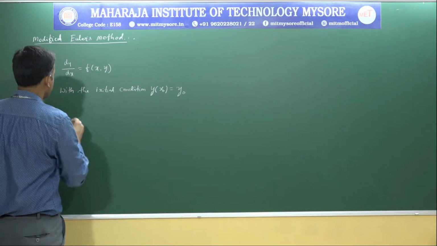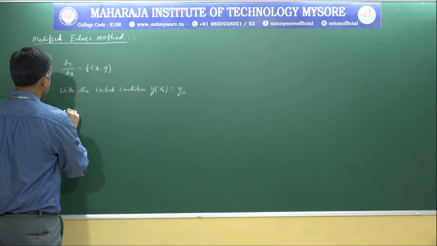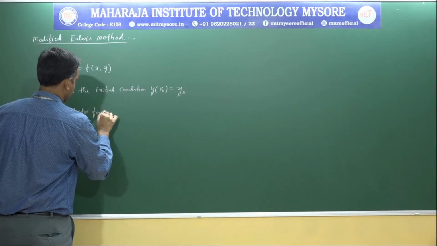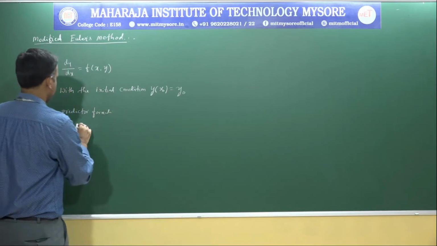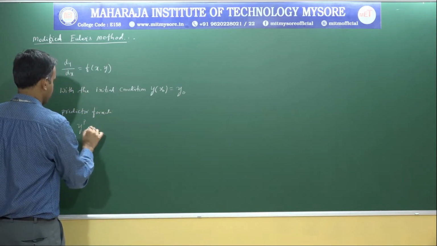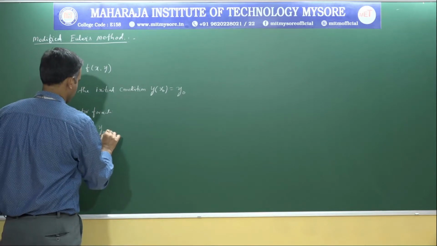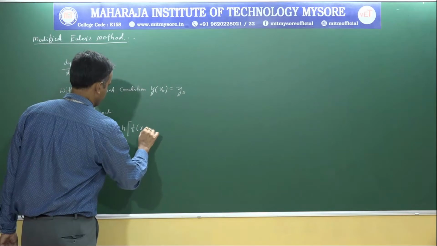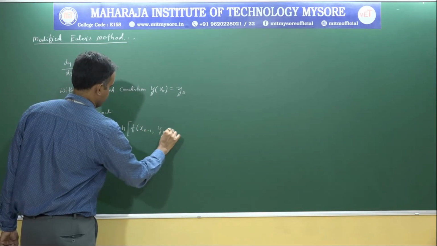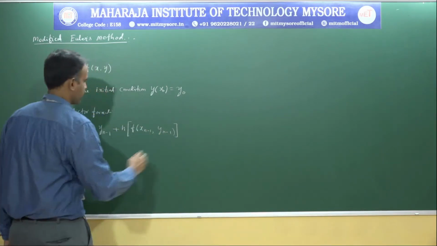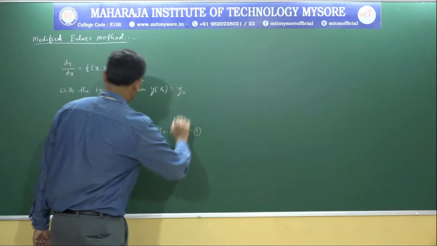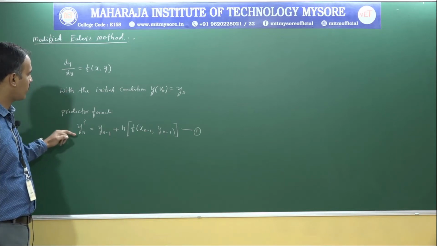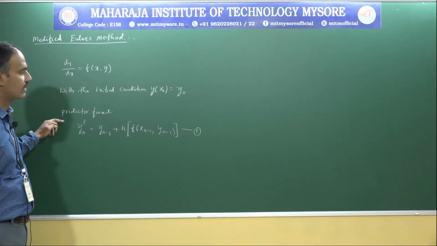Here, first we consider, by modified Euler's method, the predictor formula. Equation 1 is the Euler's predictor formula.